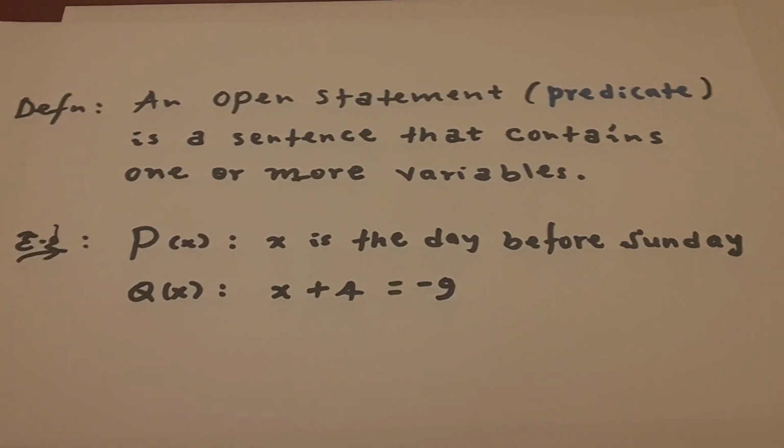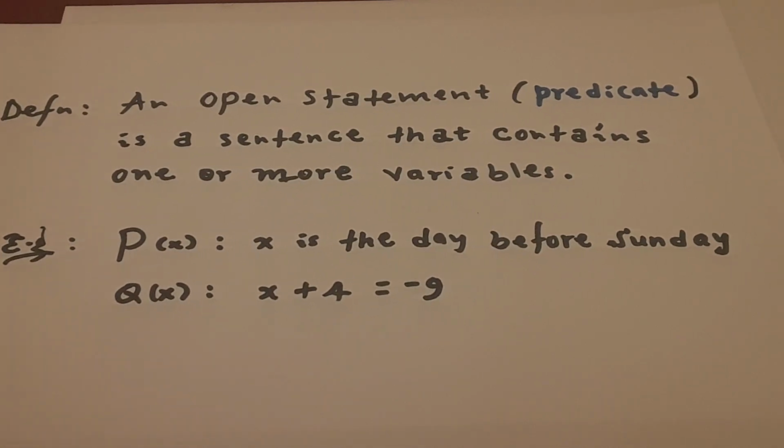P of X is X is the day before Sunday, Q of X is X plus 4 equals minus 9. A predicate by itself is neither true nor false. That is, X plus 4 equals minus 9 is neither true nor false because X is a variable.